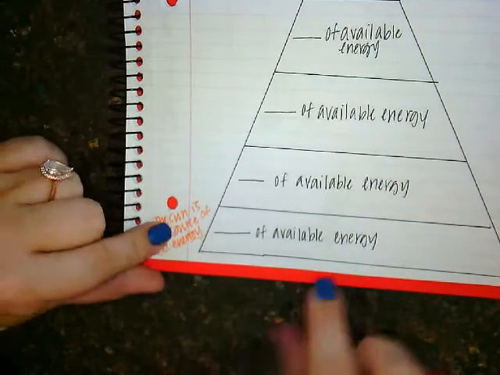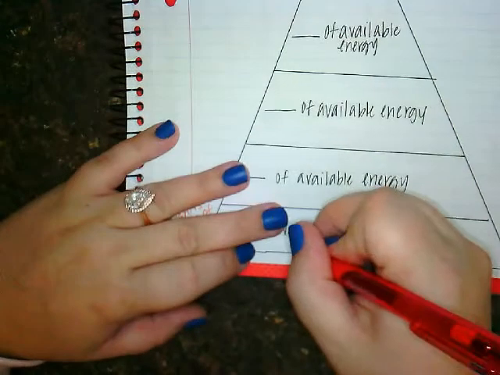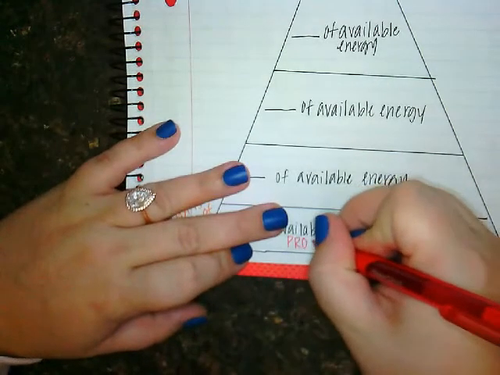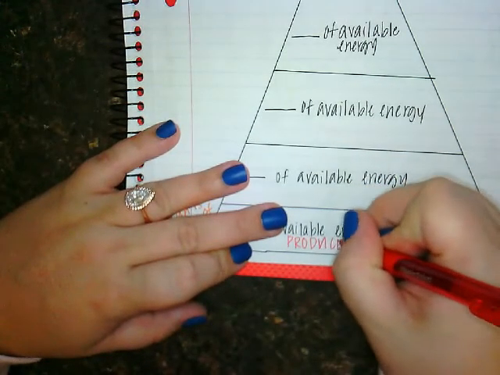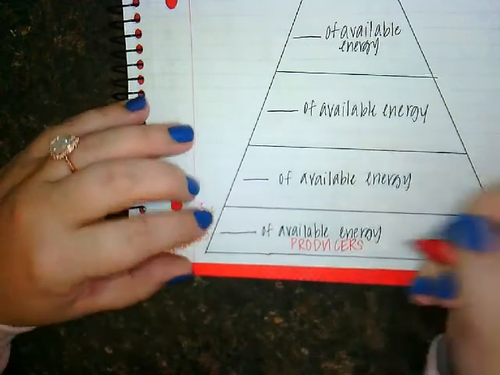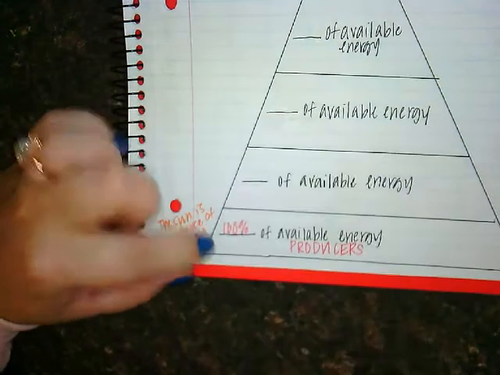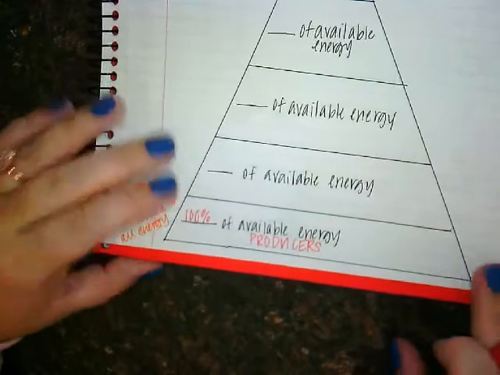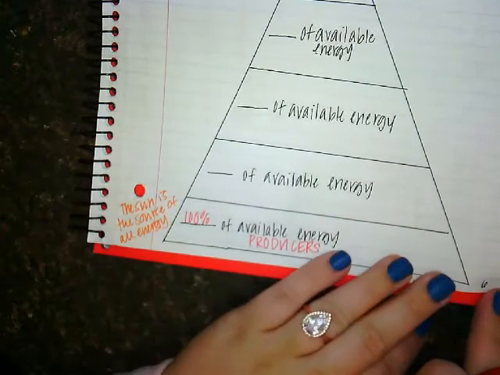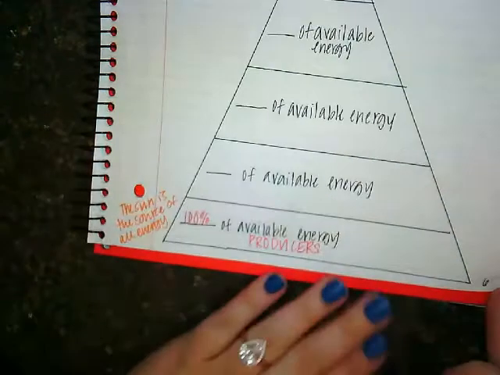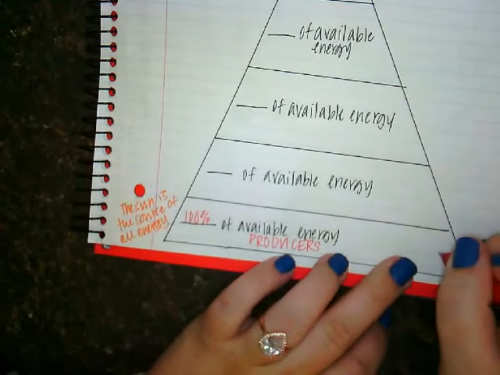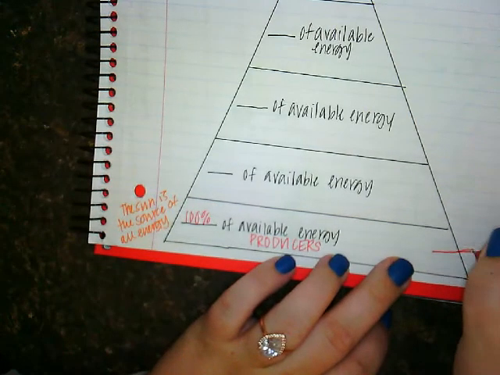So, at this point, the sun has given its energy to this level, which is going to represent our producers. Okay, so this is 100% of the available energy. 100%. For it to move to the next level, we know, because we wrote it up here in the corner, right, that 90% is lost, meaning 10% moves on.